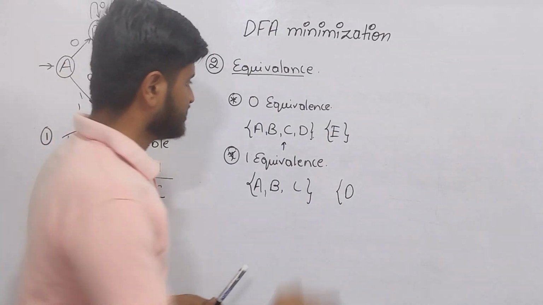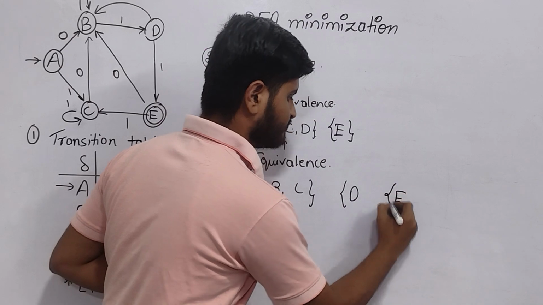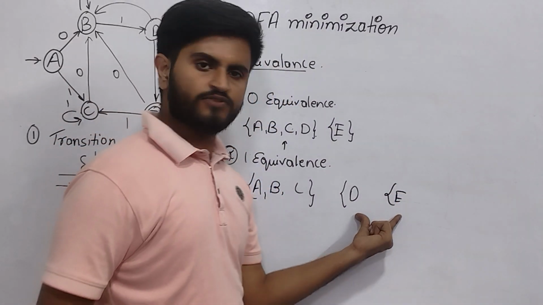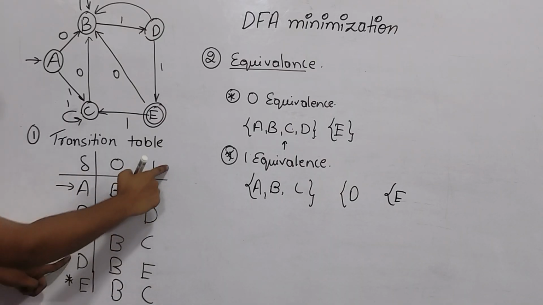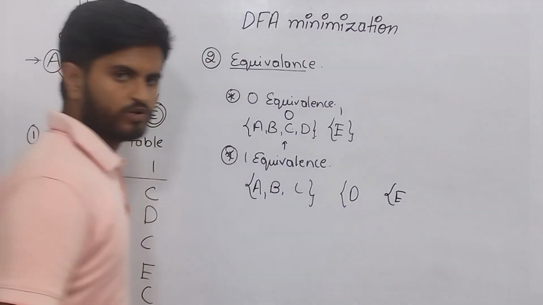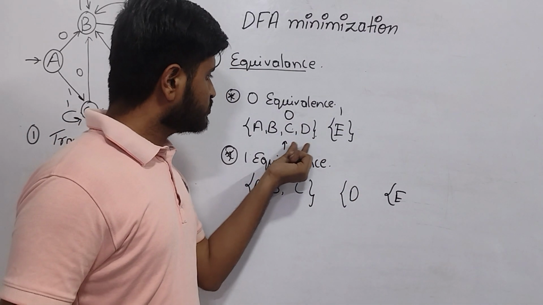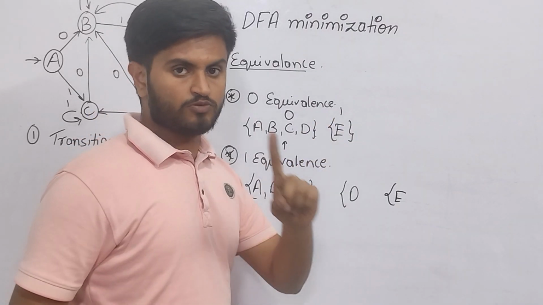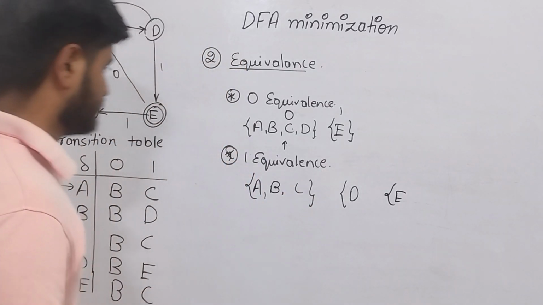And now let's see whether D and E will be in the same group or not. Because E is a separate group now, we check whether they are in the same group. If you see D, for 0 it is moving to B and for 1 it is moving to E. So for 0 it moves to this group, for 1 it moves to that group. If E is also moving for 0 to this group and for 1 to that group, it will be in the same group, or else not.